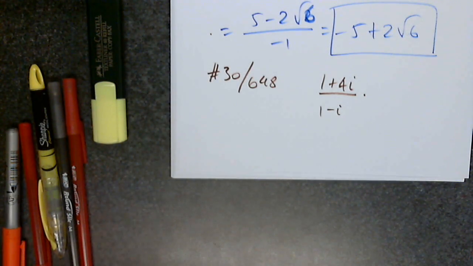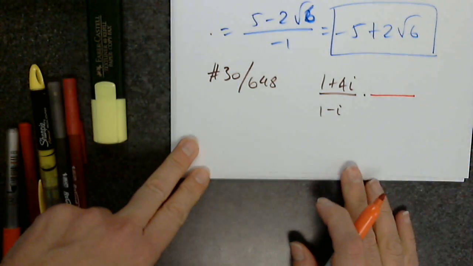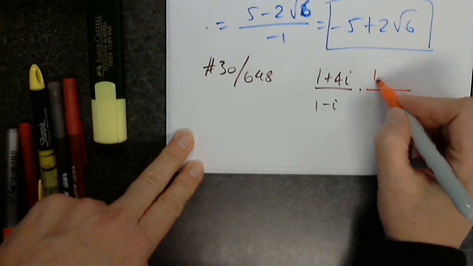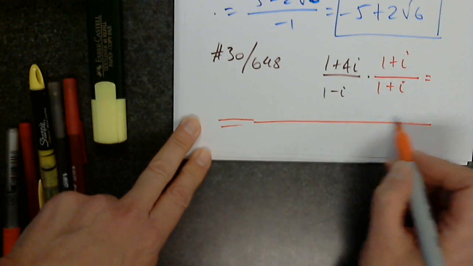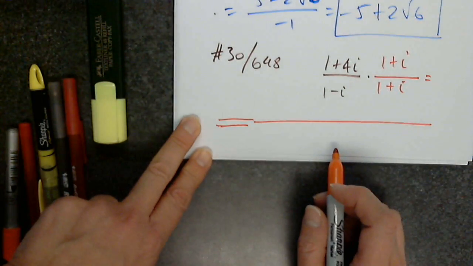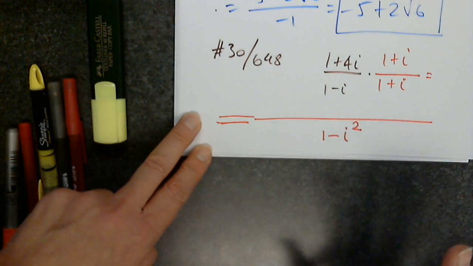Can anyone give us the idea? We need to multiply and divide by the conjugate. Very good. And the denominator will be i squared, and we can wait.